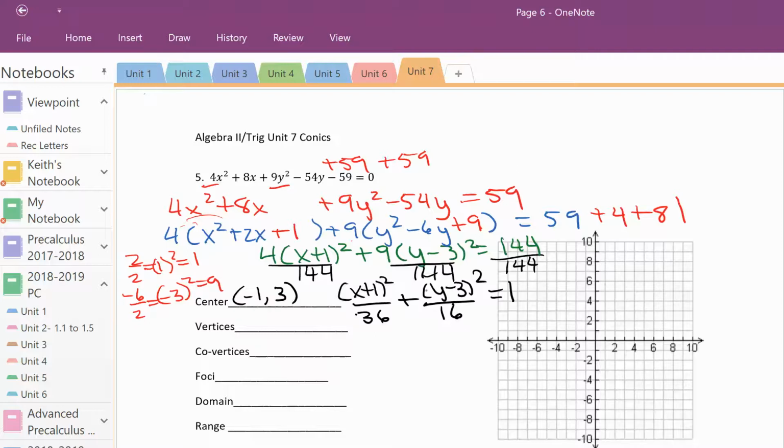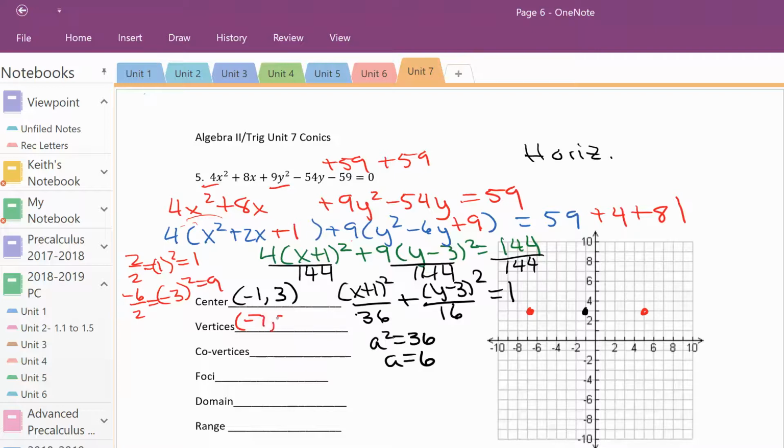And then I can do the same thing because now I know the center is -1, 3. I know it's a horizontal ellipse because the number under the x is bigger. So a squared equals 36, a equals 6. From -1, 3, I'm going to go to the right 6 and to the left 6, so I'm going to go to 5 and -7.